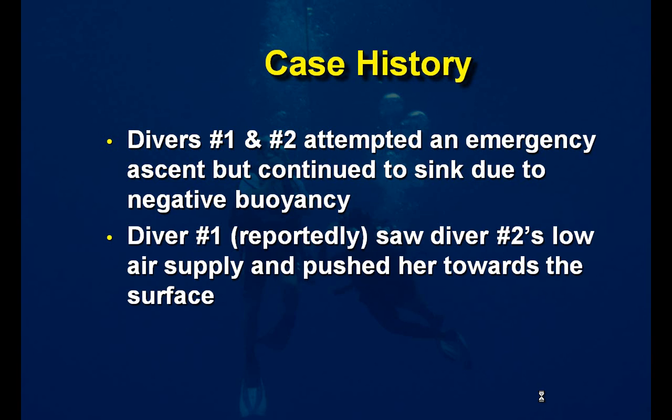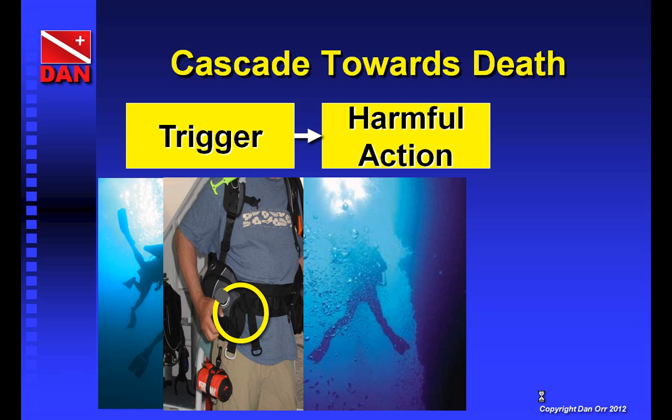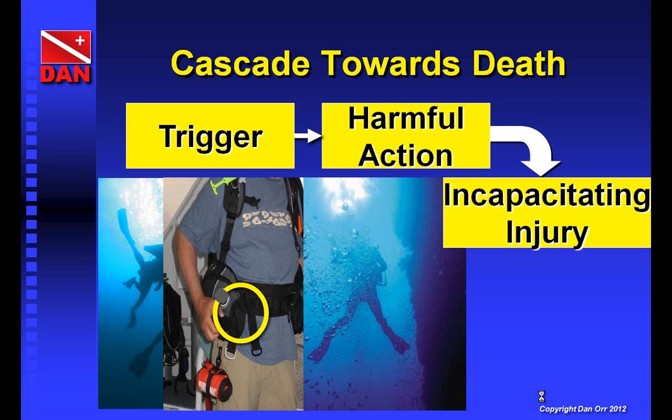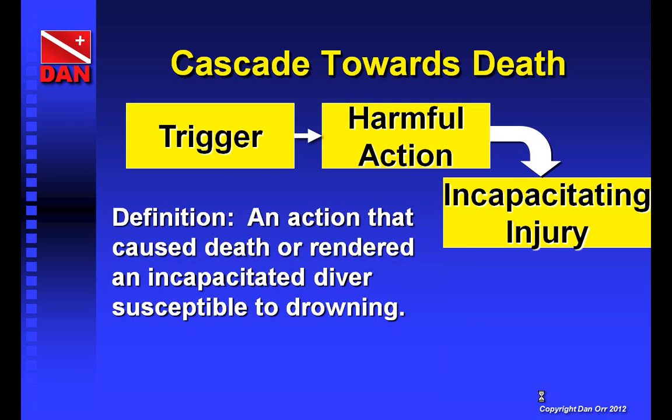Diver number 1 was reportedly seen looking at the pressure gauge of the person who was supplying him with air. His last act was to push her away, push her towards the surface, break contact, saving her life. This leads to the next area, incapacitating injury, an action that caused death or rendered an incapacitated diver susceptible to drowning.